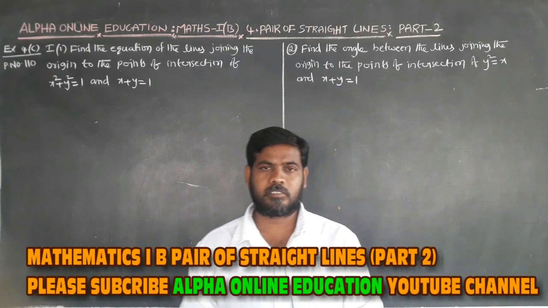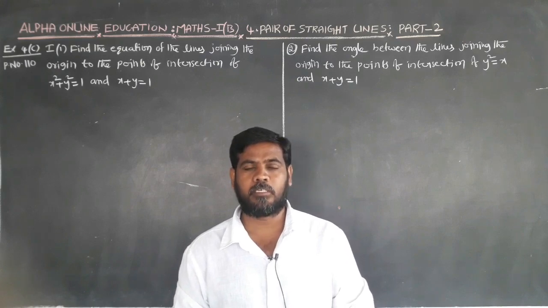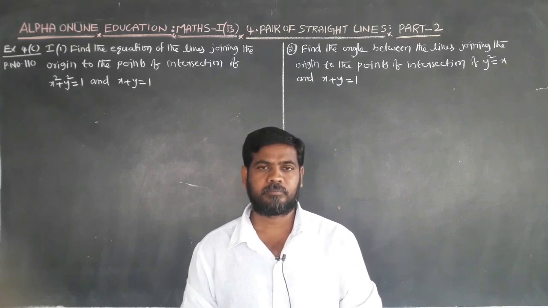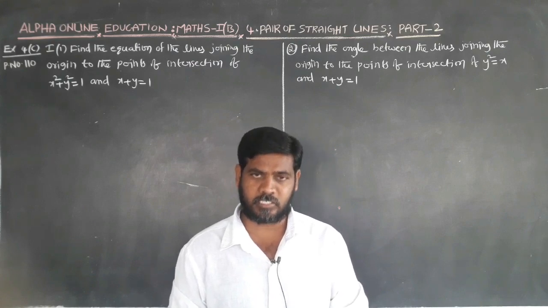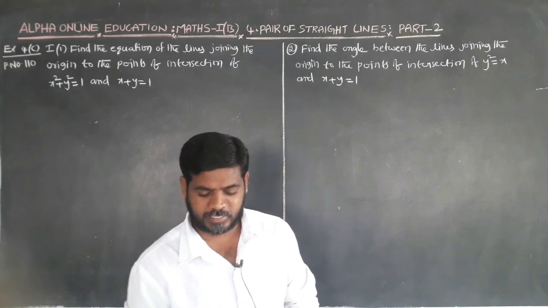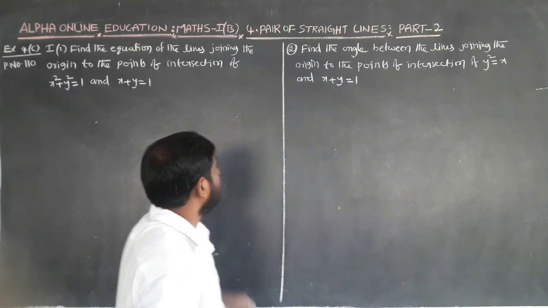Some formulas. Mathematics 1B, 4th chapter, pair of straight lines. Yesterday we already discussed homogenization, 2 problems. Exercise 4c, page number 110.